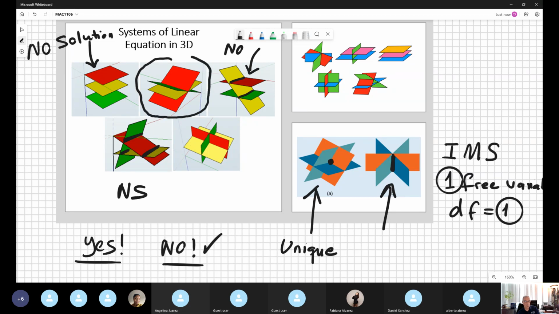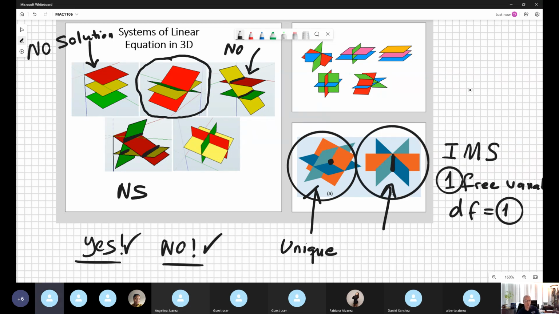What do you think about this one? Do we have a solution or not? Yes. You are right. Okay, I agree 100% with you. But I have a second question: do we have a unique solution like this, or infinitely many solutions? Infinitely many solutions.